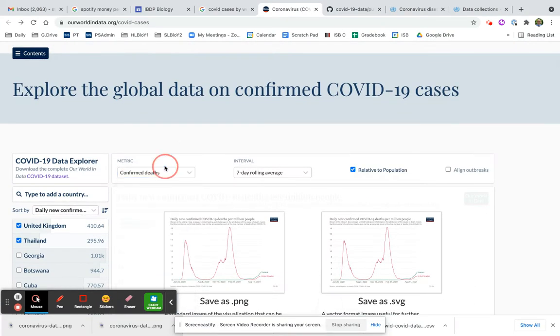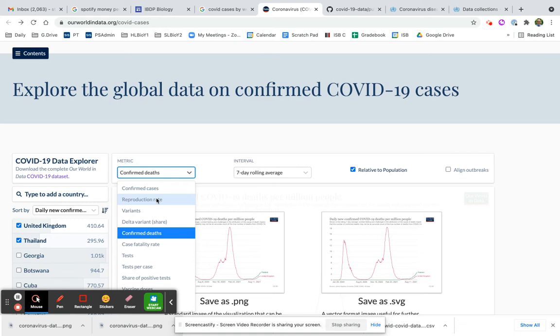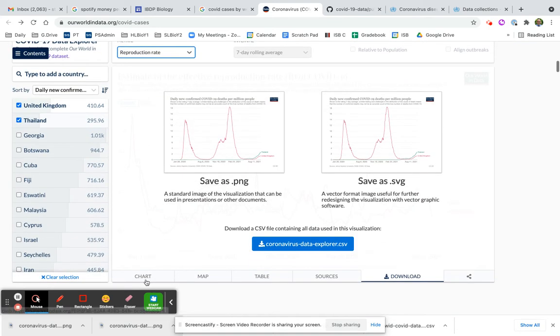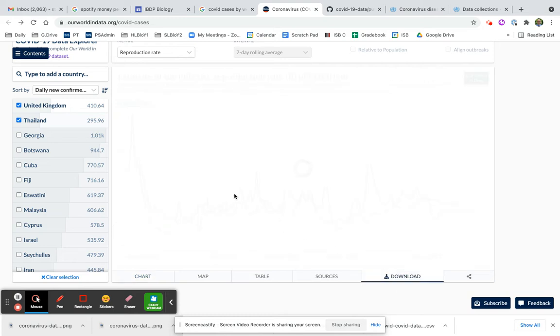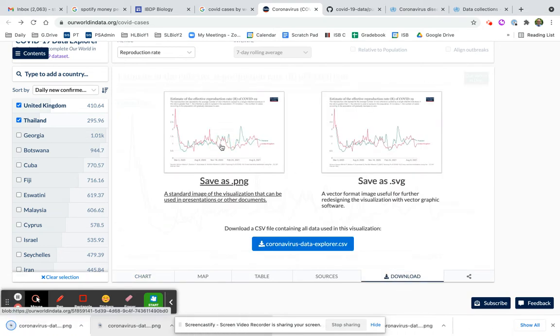I might also look at the reproduction rate. The reproduction rate basically represents infections. So we could look at this and compare those ideas. What kind of things could be factoring in that? If I went to download, I could look here, and that's more data.